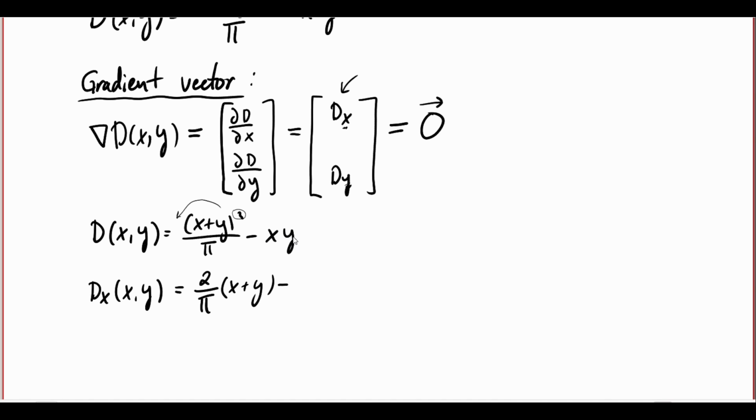We get y left, because the derivative of x is 1. So the derivative of d with respect to y is the same as 2 divided by pi times x plus y, but minus x. Okay.